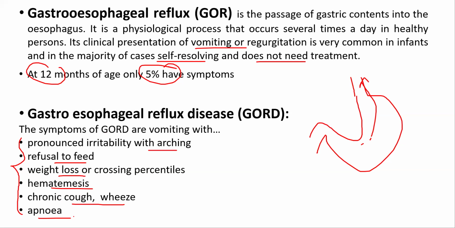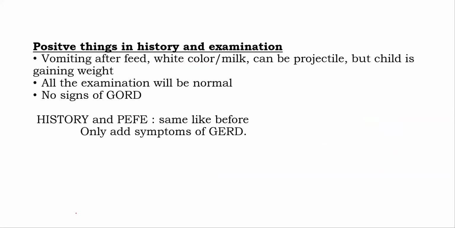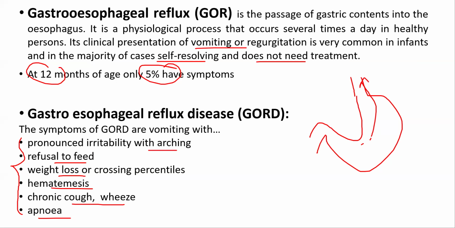If any of these are associated with reflux, then the term becomes gastroesophageal reflux disease, which is pathological. All right? So your history will be totally the same. Nothing different, but the only thing you will add in the history is these red flags.